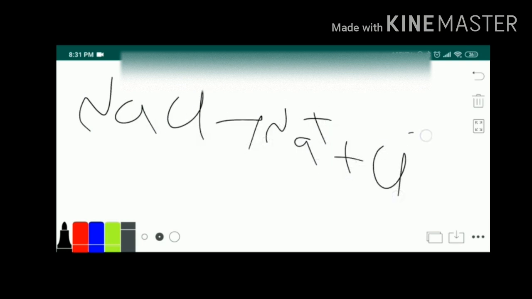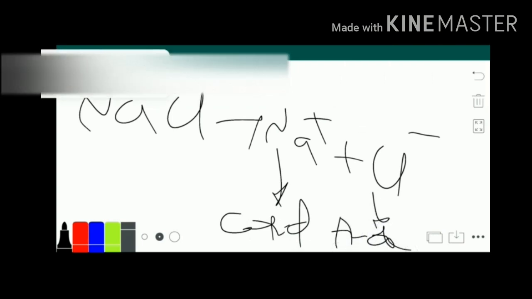I will give an example of sodium chloride solution. So what happens, Na+ and Cl-, so this sodium will deposit at the cathode and this goes to the anode. I will give the anodic reaction here. At the anode oxidation takes place.